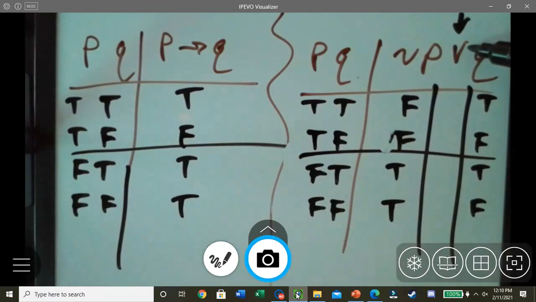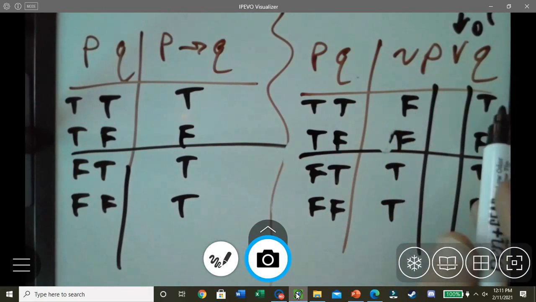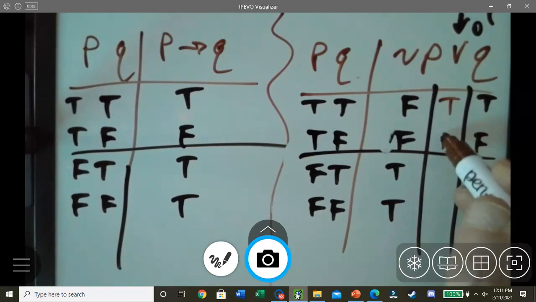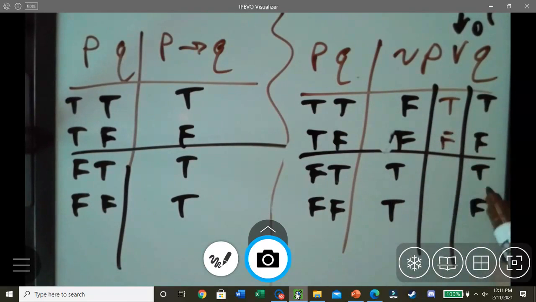This V looking symbol, what does that mean? Or, good, put or up there. So if false or true is true, if false or false is false, if true or true is true, true or false is true, right? Because you only need one or the other.